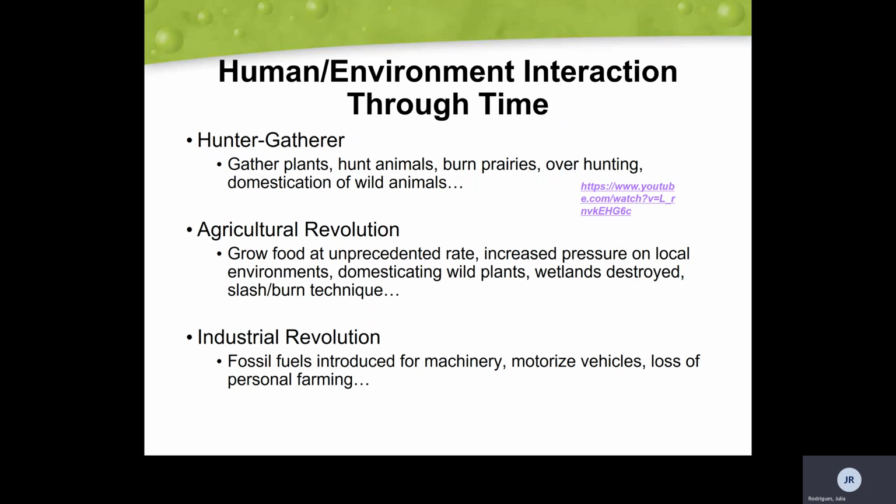The agricultural revolution is where we actually started to grow food. That was a big difference in our timeline because we were able to stay in one place. And then finally, our industrial revolution, where fossil fuels were introduced for machinery and motorized vehicles, and we kind of lost that personal farming touch. We moved to more of a machine-based living.